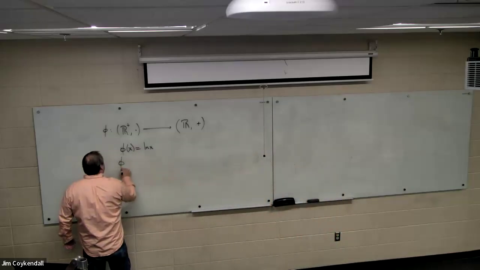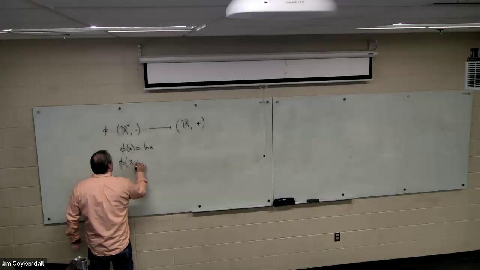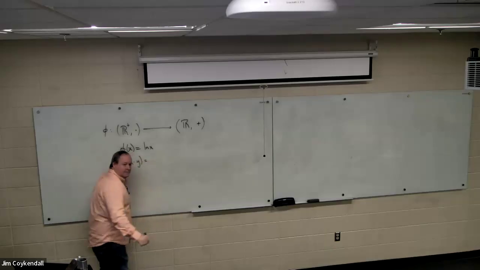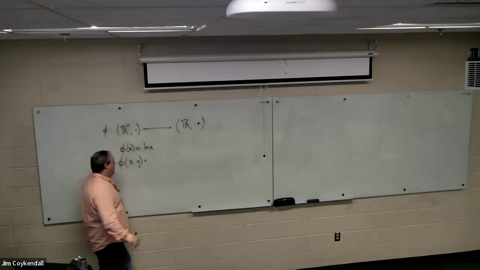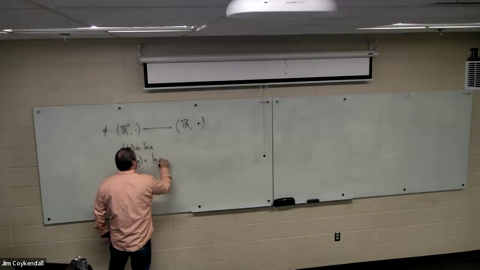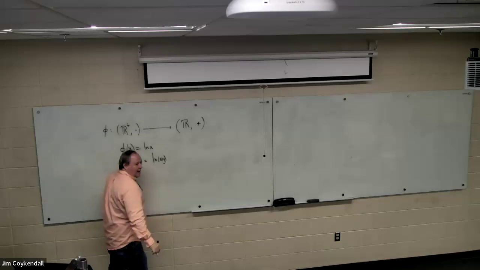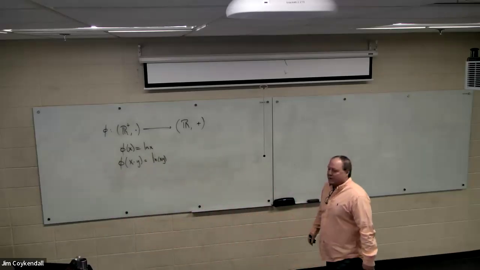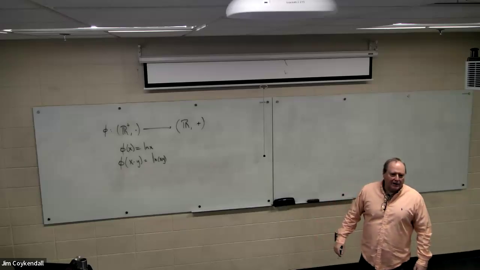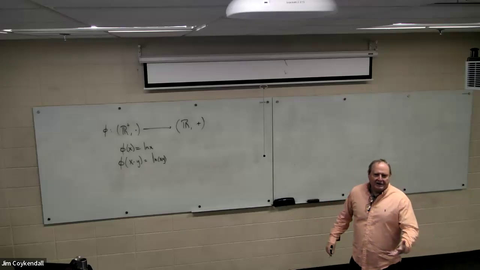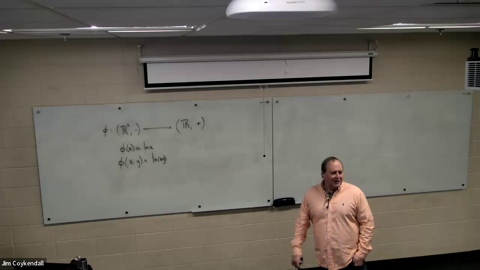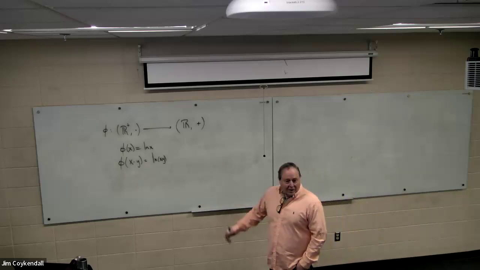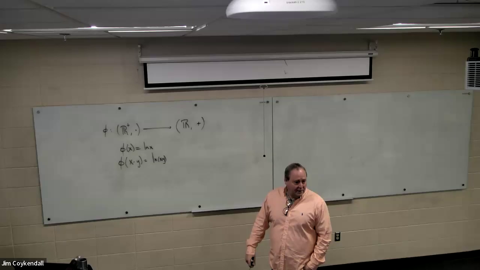Look at phi of x times y. This is the natural log of xy. And do tell me, dear friends, what is the natural log of x times y? What's the big thing that you always use in calculus and other places? This is the log of x plus the log of y. Agree?